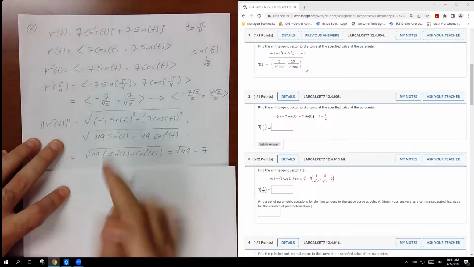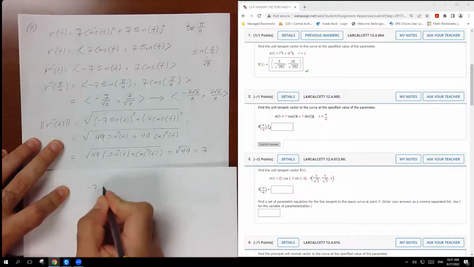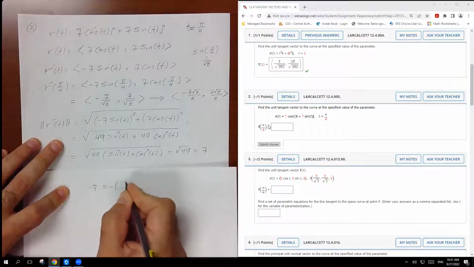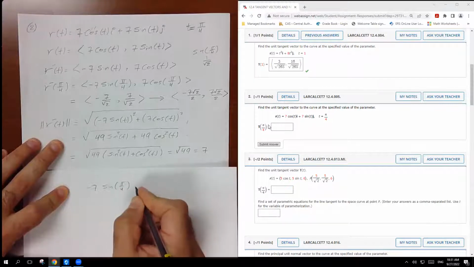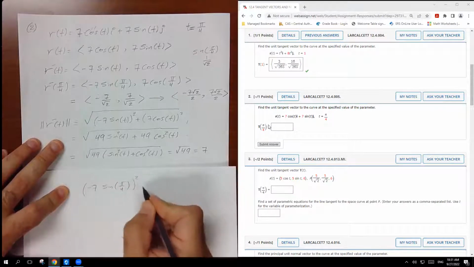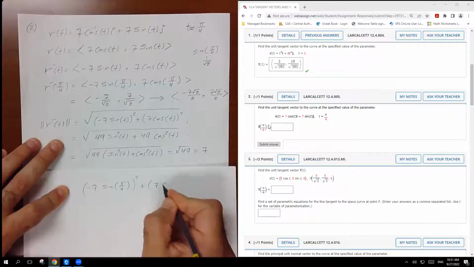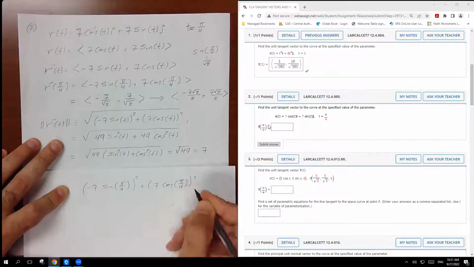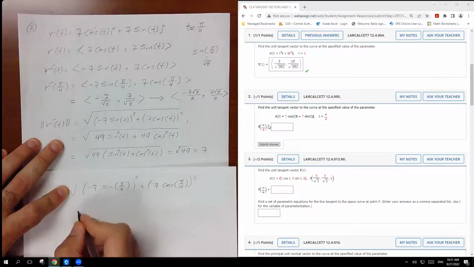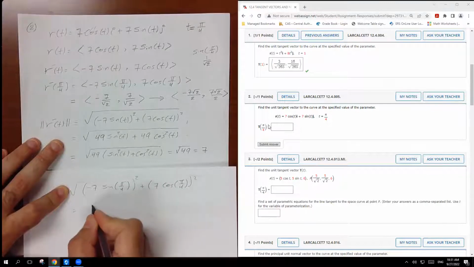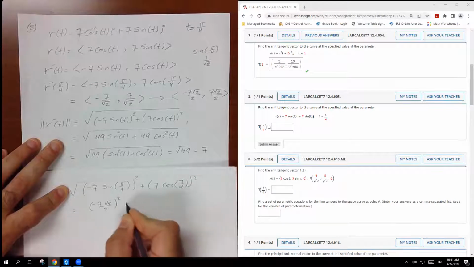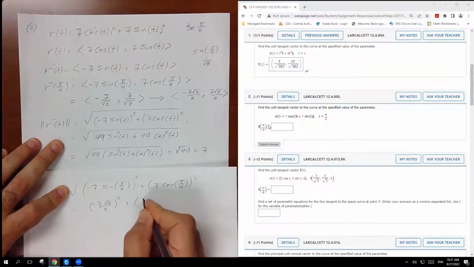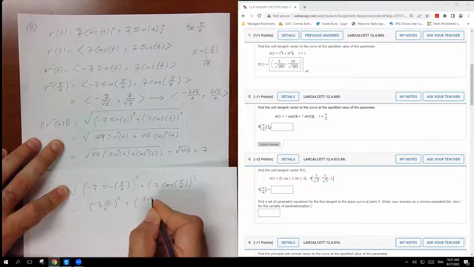So if you plug in from here, -7 sine pi over 4, and everything is squared, plus 7 cosine pi over 4 squared. That means it's going to be -7 square root of 2 over 2 squared, plus 7 square root of 2 over 2 squared.